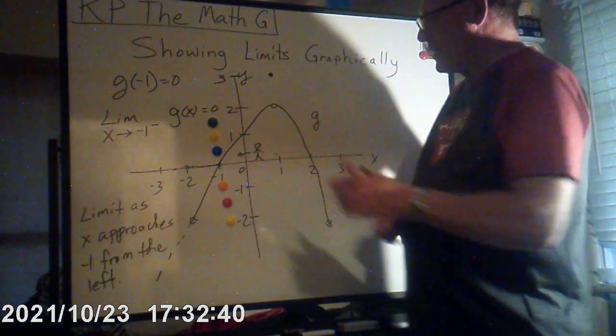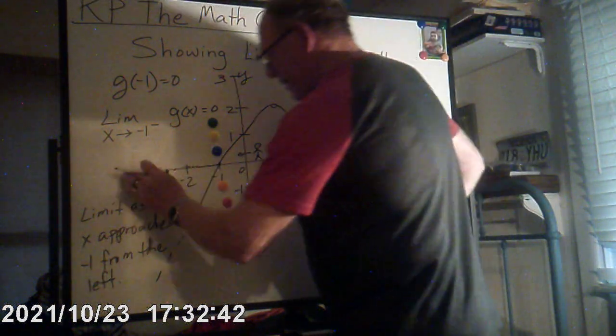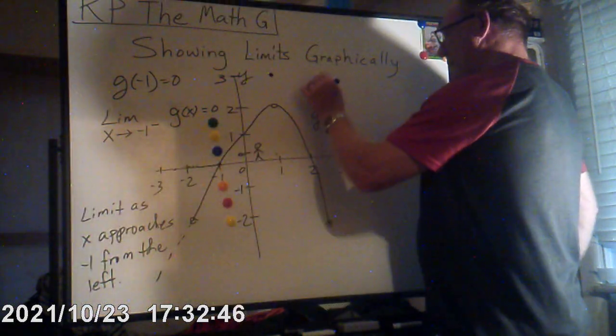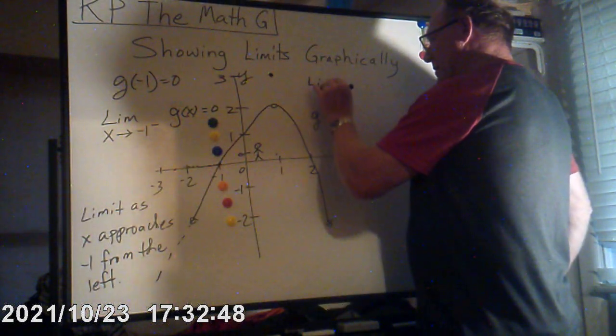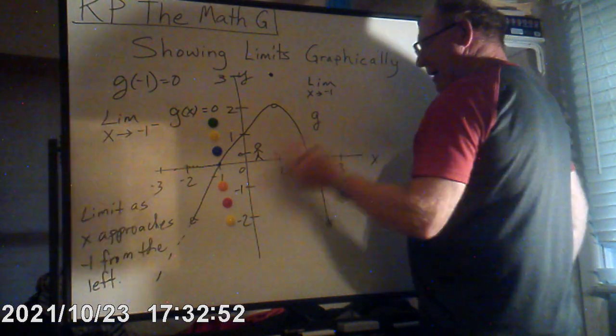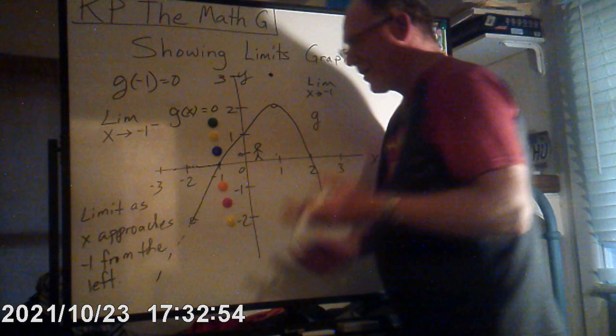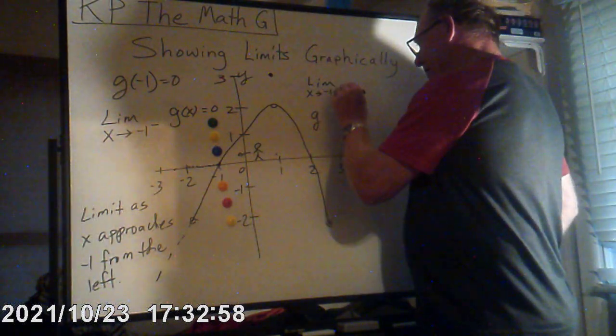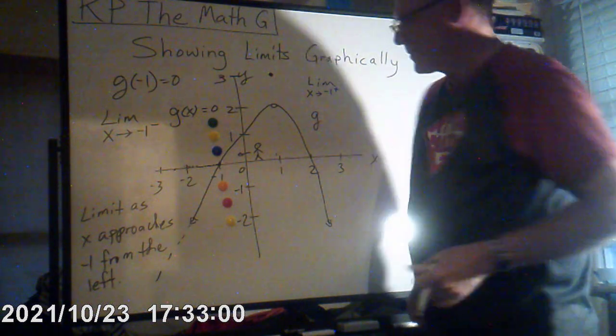So in this case, this is a limit as x approaches negative 1. And I wonder if you can think, if the left side is a negative sign, what would be the right side? From the right would be positive.